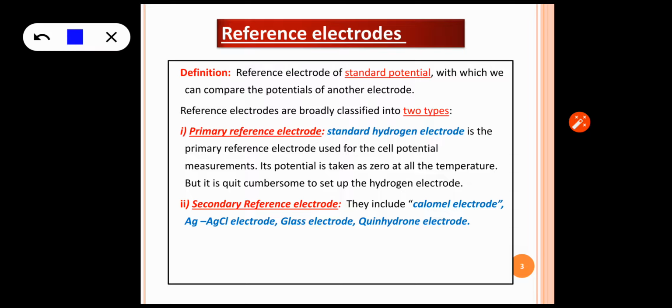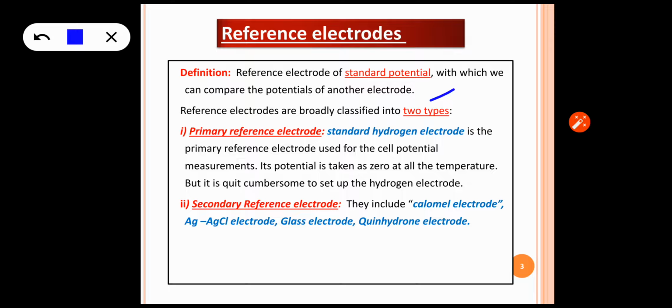A reference electrode is an electrode of standard potential with which we can compare the potentials of another electrode. The meaning, to construct any cell we require two half cells. One should be the working electrode and the other one should be the reference electrode. The potential with respect to the reference electrode will not change with temperature and the concentration.